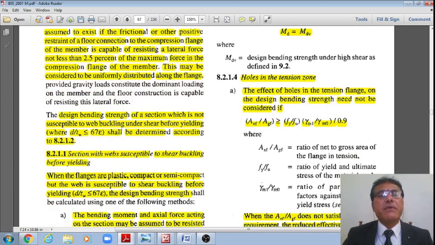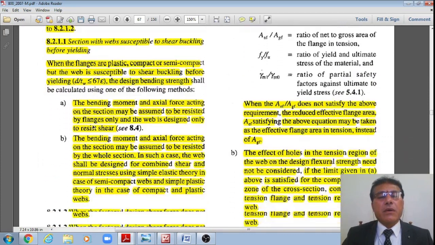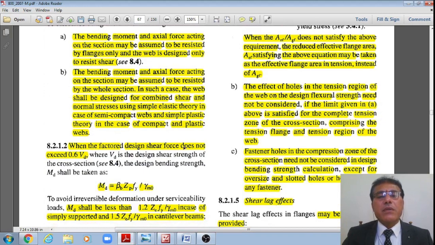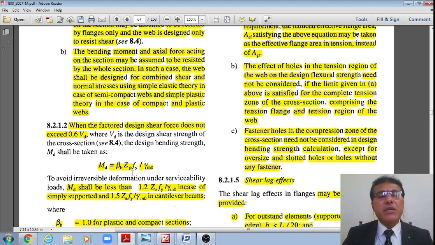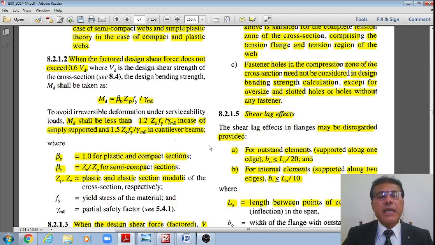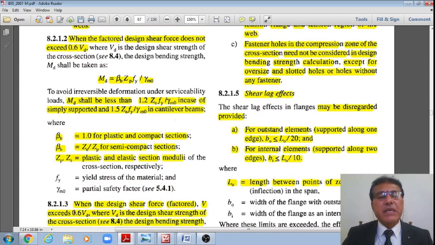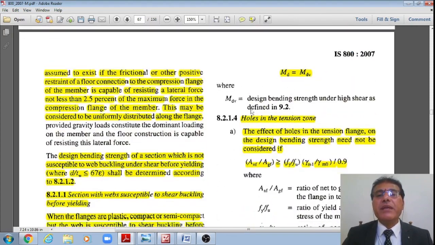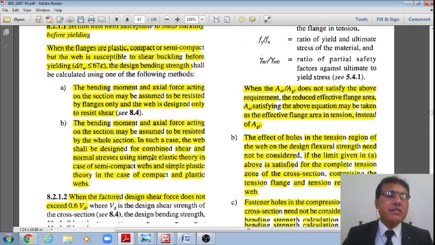As per this page, if the design shear force does not exceed 0.6 VD, then that is the case of low shear, and MD is equal to MD. Otherwise, MD is equal to MDV as per clause 8.2.1.3. It should be taken as, when V exceeds 0.6 VD, then MD is equal to MDV. That we have seen already in the previous problem also.